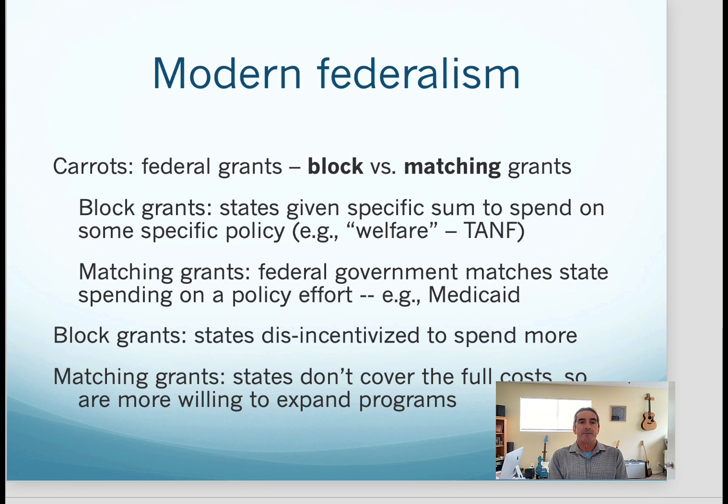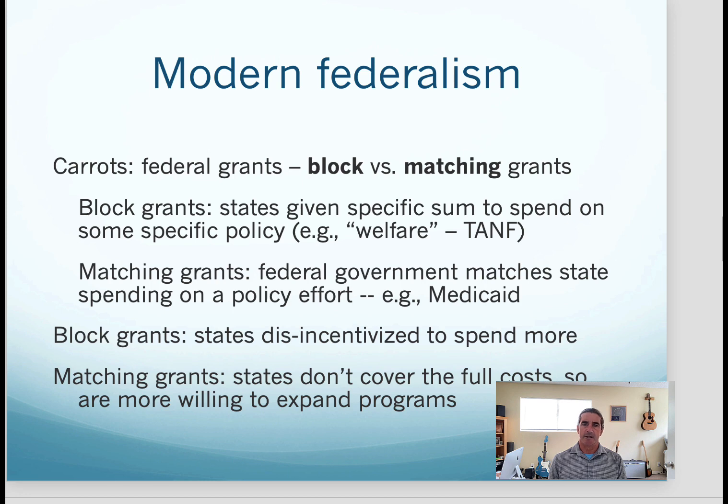Carrots are financial incentives, including things like federal grants, money given from the federal government to the states. And there's a distinction we need to understand between block grants and matching grants. With a block grant, the federal government gives the states a specific sum of money to spend on some specific policy. So Temporary Aid for Needy Families, for example, the program popularly known as welfare, is a block grant.